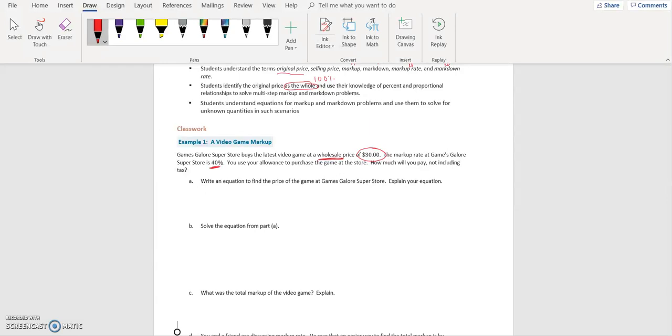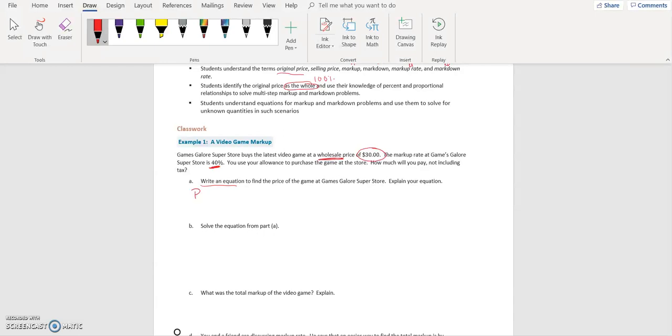So we said markup rate is a percentage. You use your allowance to purchase the game at the store. How much will you pay, not including tax? So first it wants us to write an equation to find the price, and then explain your equation.